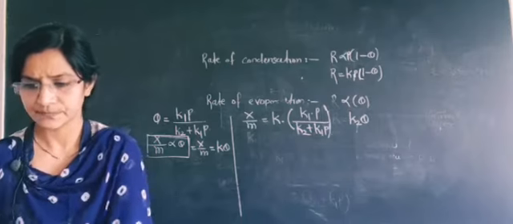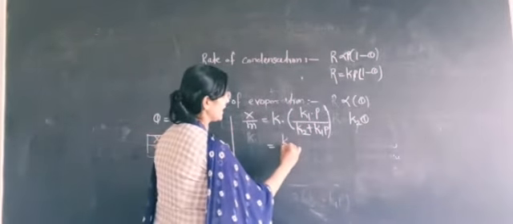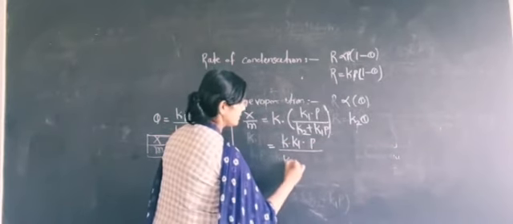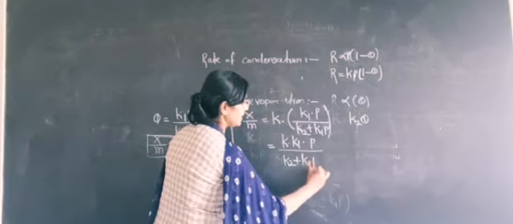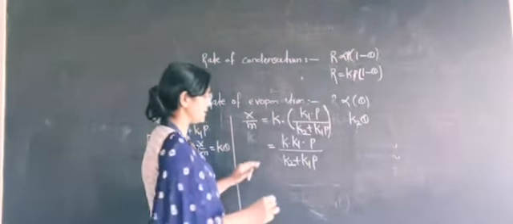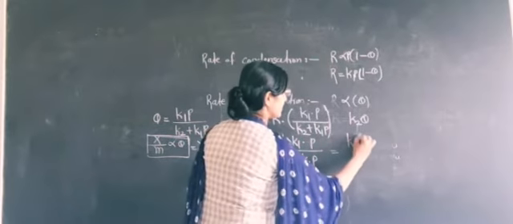After simplifying this equation, we get k into K1 into P upon K2 plus K1P, and when we divide both the numerator and denominator by K2, we get a very interesting equation.